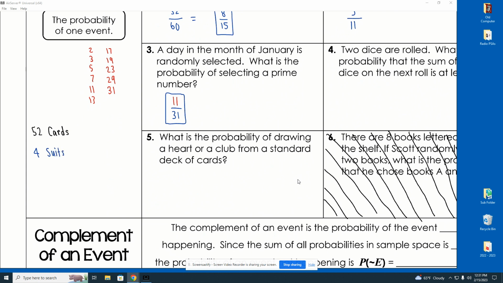Those 4 suits include 2 that are red. What are those? Hearts and diamonds. And then there's 2 that are black, and they are called clubs. They are clovers. You're right. But they're called clubs and spades.